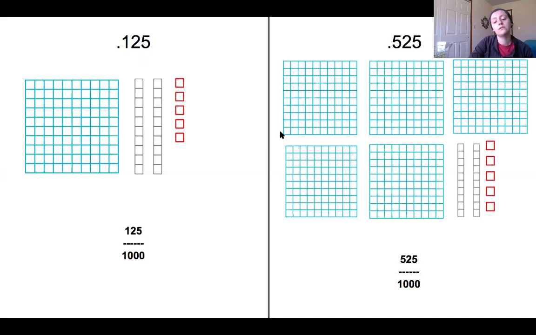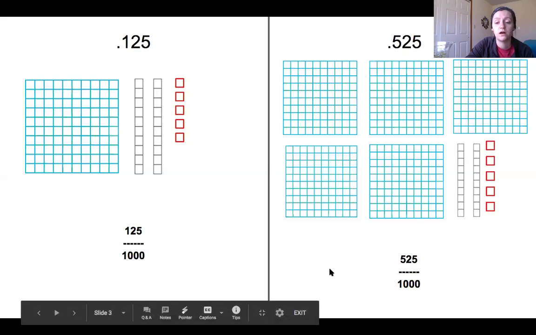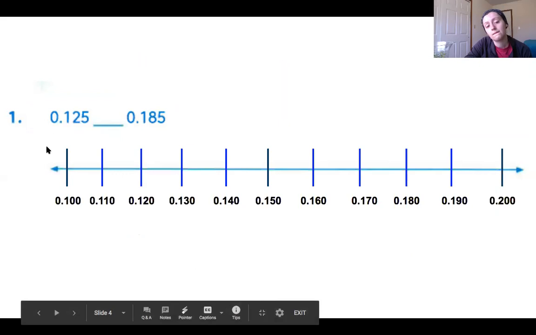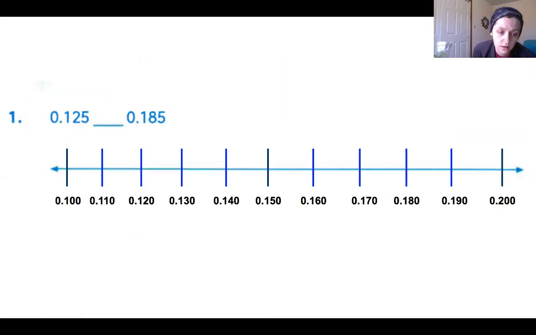Now we're going to look at day 2 continued, where it has you draw these problems on a number line. The first problem there is 125 thousandths compared to 185 thousandths. So I set up a number line here where my lowest number was 1/10 or 0.100, and my greatest was 0.2 or 0.200.